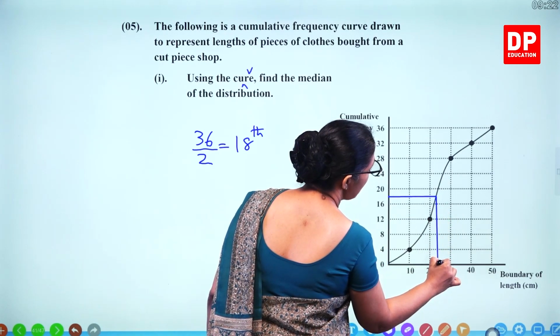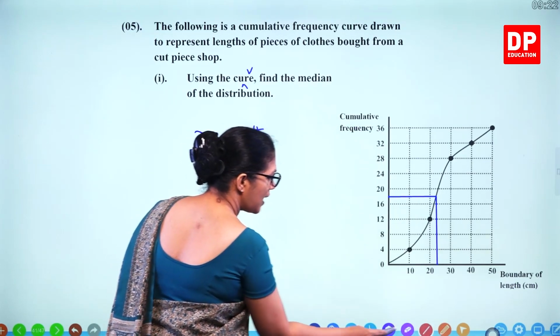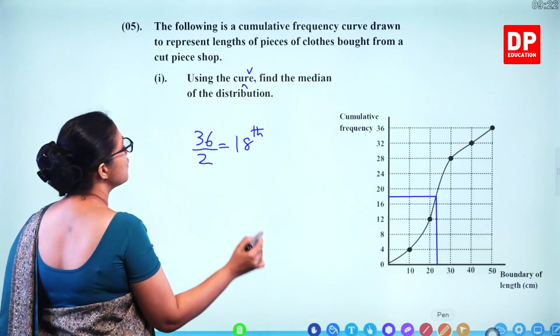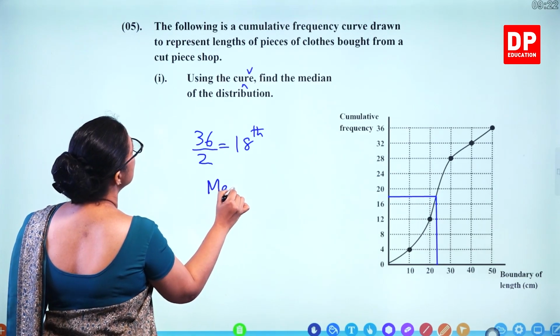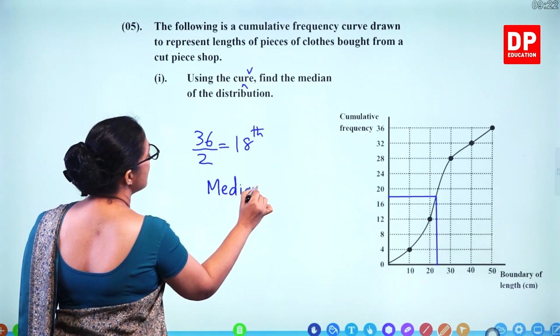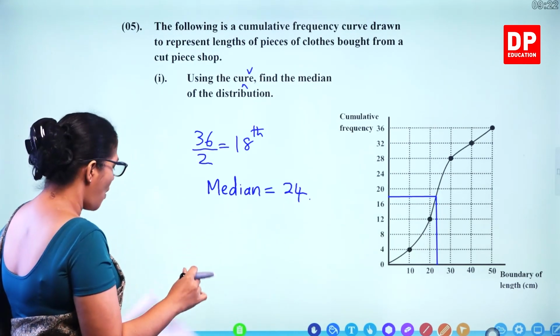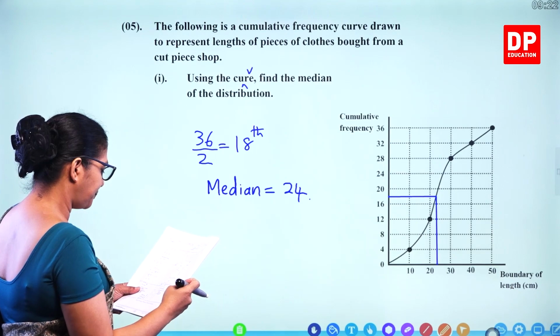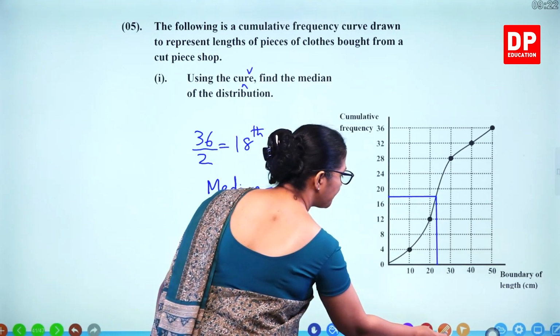This is not exactly half. So, 24 we can take. We'll take 24 is median. So, how many marks for that? 2 marks for that.